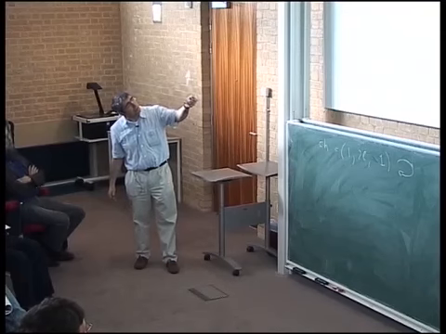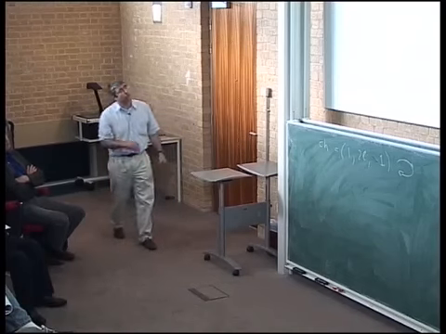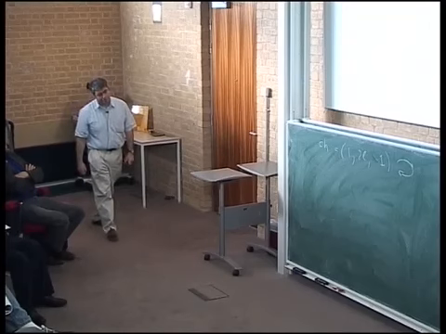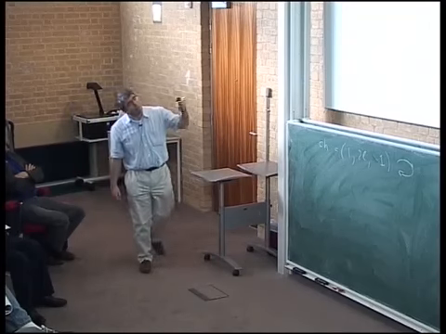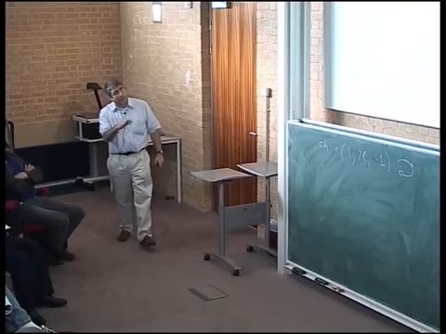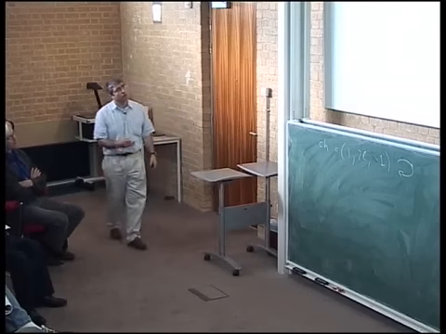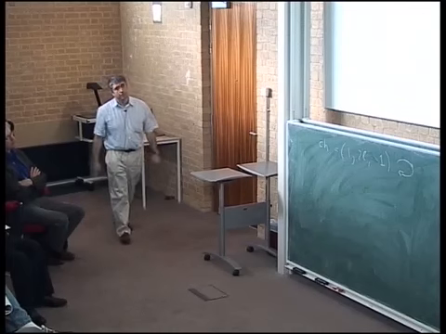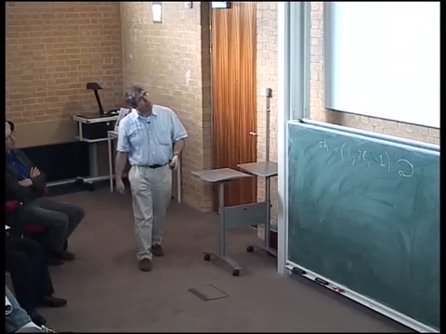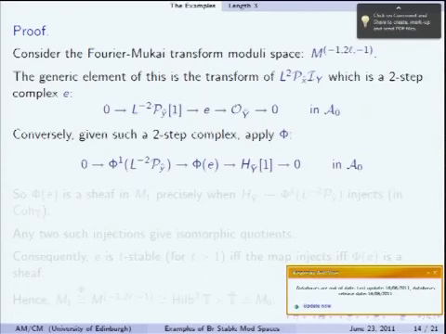This is the transform of E, and as Mukai showed way back when he invented Mukai transforms, the transform of the structure sheaf of any number of points is a homogeneous vector bundle, let's say a flat vector bundle of the same rank as the length of the sheaf. And because my transforms are all shifted by 1, I have to shift by 1 here. So, bear in mind, this is in A0.